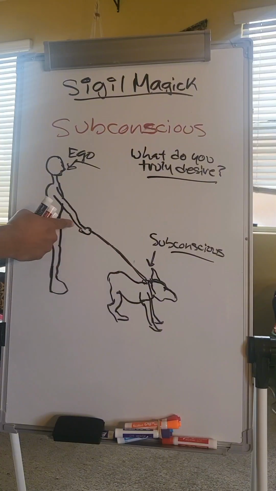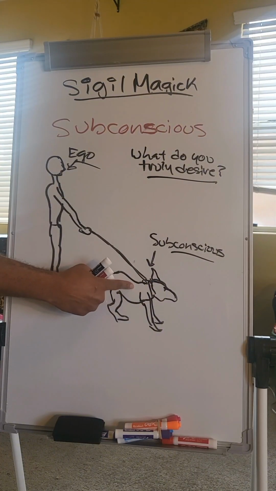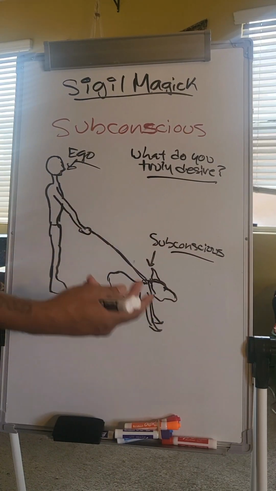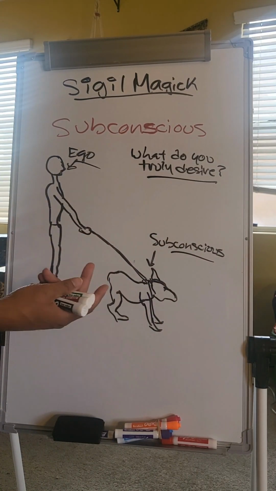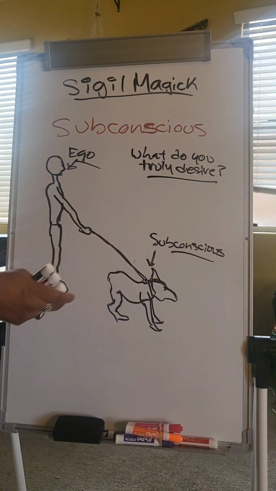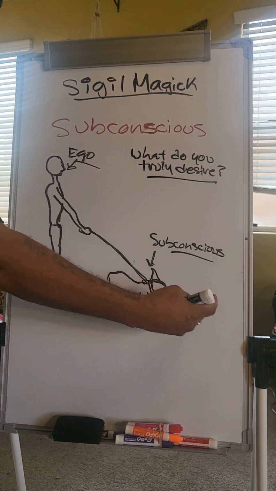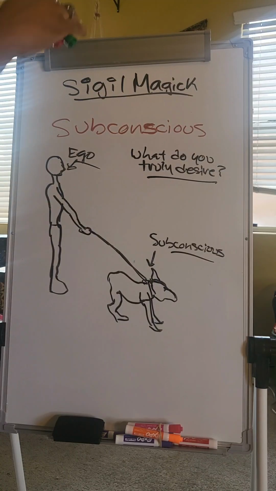You're going to constantly send out your dog, your subconscious mind, to make it appear as though you're gaining something, because it's in a survival mode. Your ego is attached to that as well, but you're not manifesting that because you're not corresponding it with what you really desire.